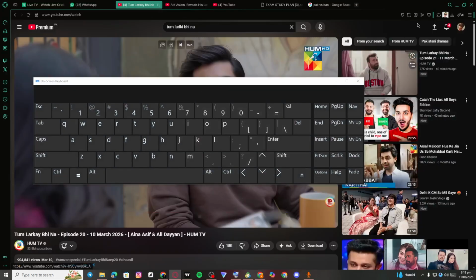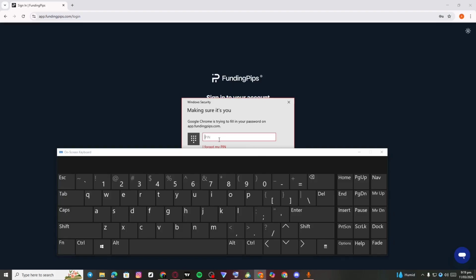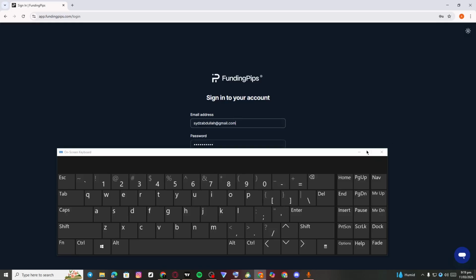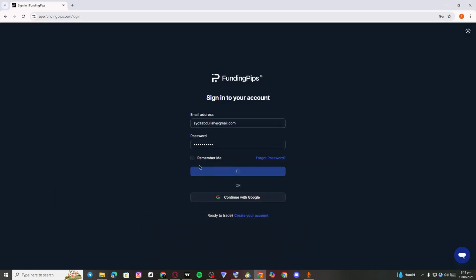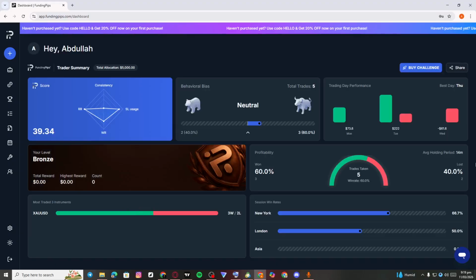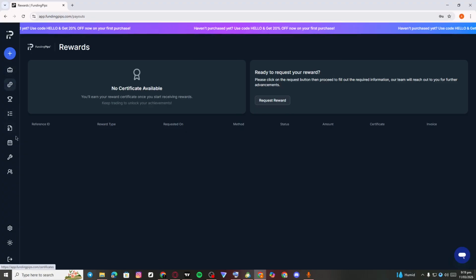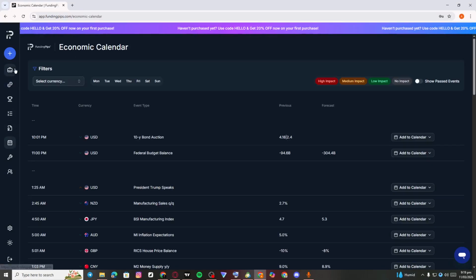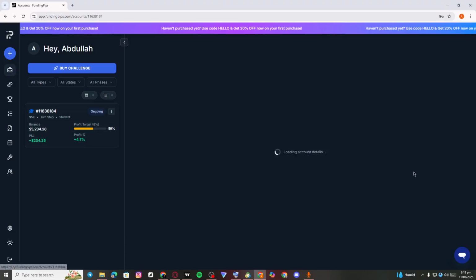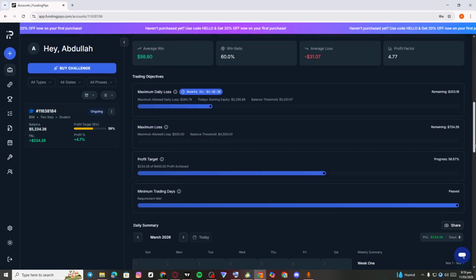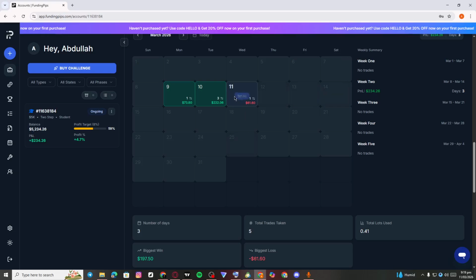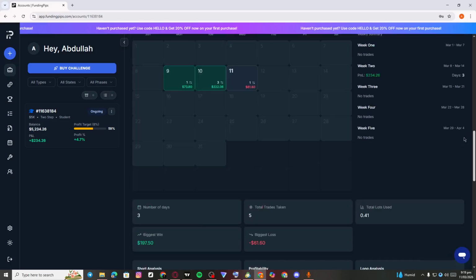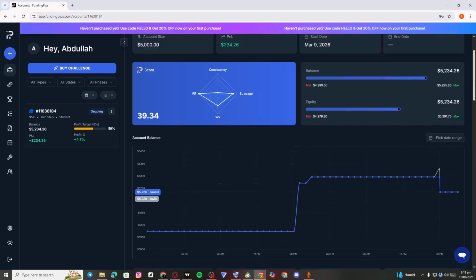How much loss did I have today? I lost around 1%, around $60. Yeah, $61. So yeah, decent day. The trade idea was good, but it never ended up being in my favor.